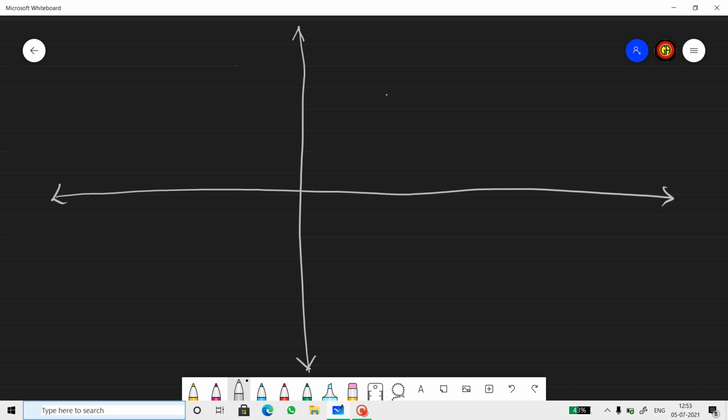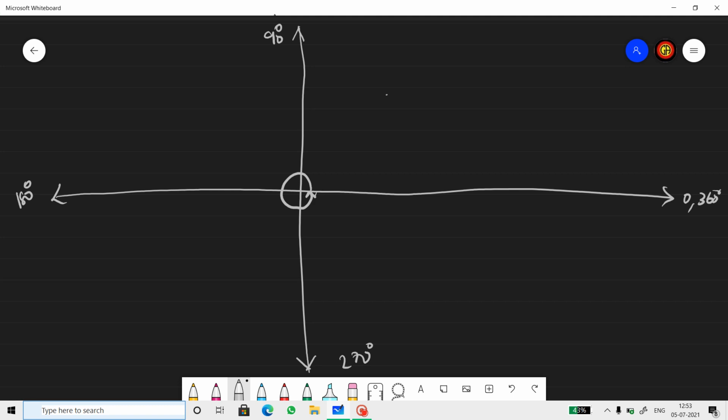Here we have 0, 90 degree, 180, 270 degree, and here it is 360. So one full rotation, 0 to 360.